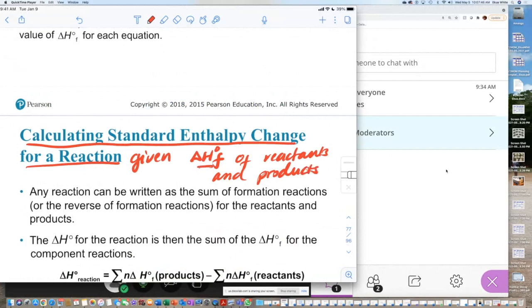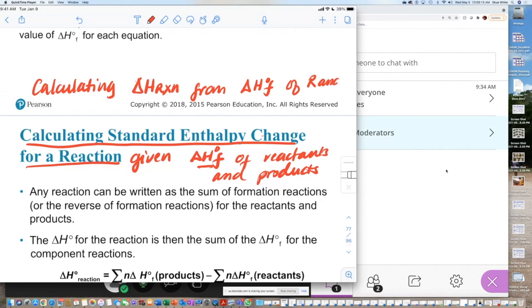They figured it out for you, but they want you to use these to figure out the standard enthalpy change of the reaction. To give you a shorthand form of this in symbolic terms, we're calculating delta H of reaction from delta H of formation of reactants and product. That's the bottom line.